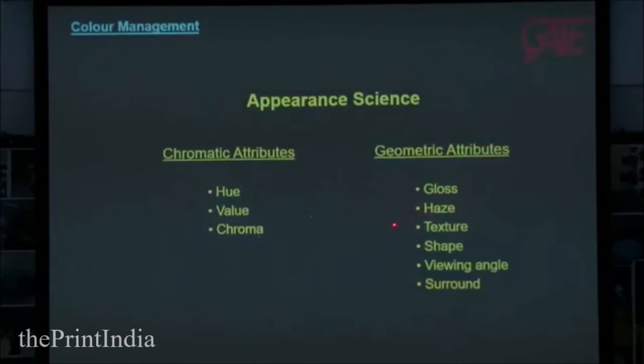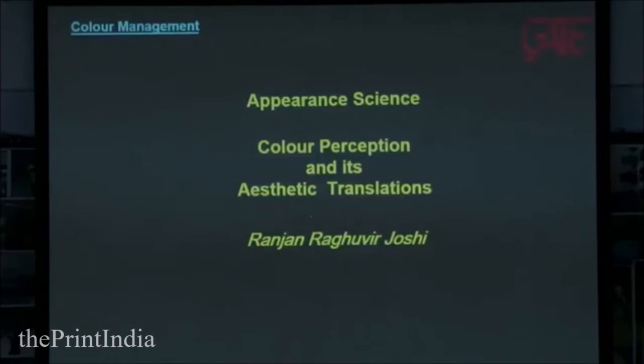If there is a haze, if the paper is texture, if the box is converted, viewing angle and the surrounding area, this makes color appear slightly different. So this you have to keep in mind. So that is called appearance science, color perception and asset.